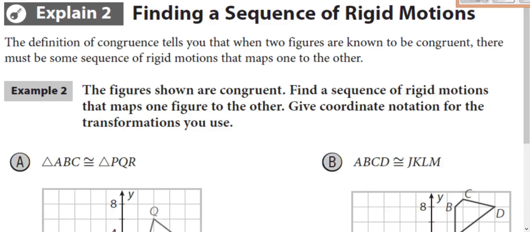So now we're going to step it up just a little bit, and now they're going to be a sequence of rigid motions. So it might be 2 or 3 of them strung together in a certain order to make sure that they map onto each other to see that they are congruent.